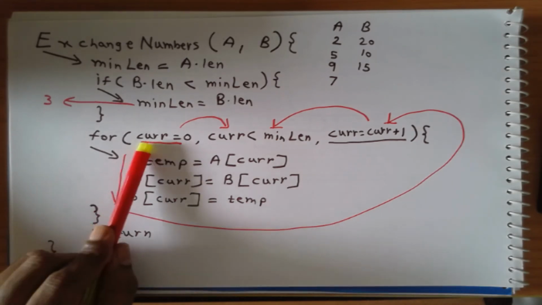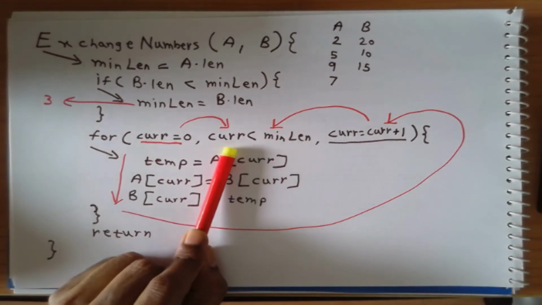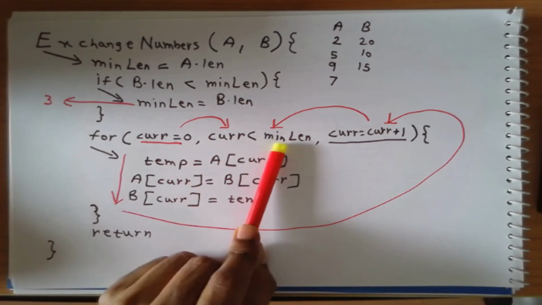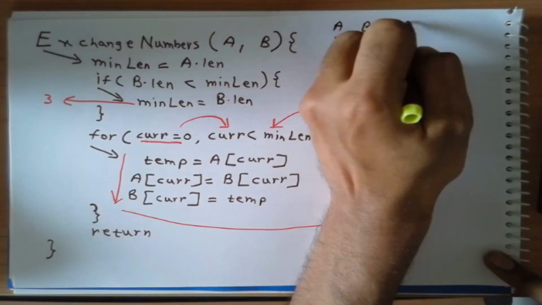So we will come here with current value equal to 0. Is current less than the minimum length? Minimum length is 3, so we are fine. So we'll come and set temporary equal to current value of A, which is 2. Okay, so I'll keep track of the variable temp.